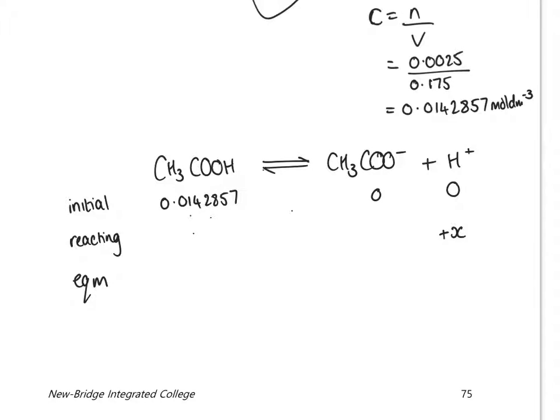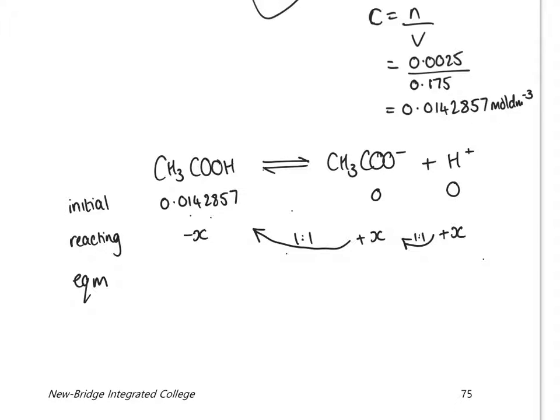So I represent that by plus X. The ratio within my reacting concentrations is 1 to 1, so that's going to be plus X of my ethanoate ions and minus X of my ethanoic acid concentration.